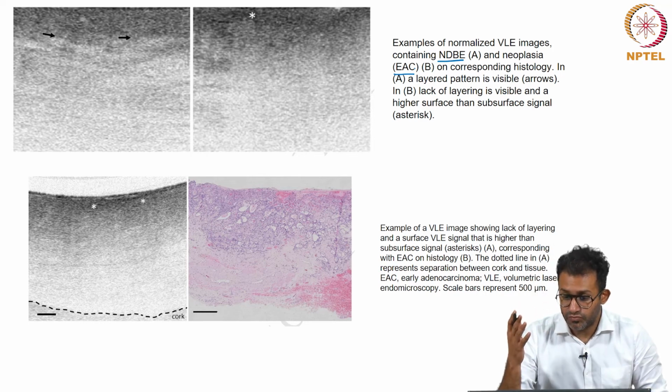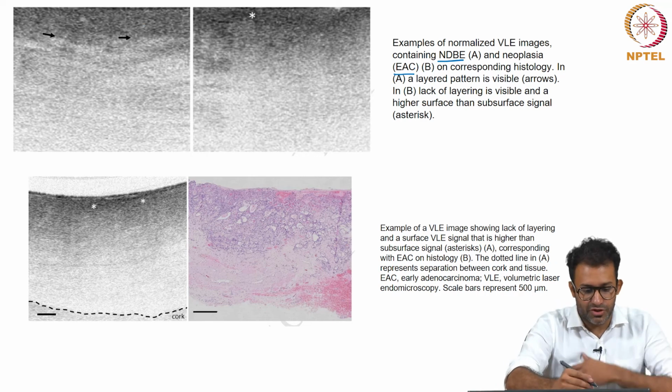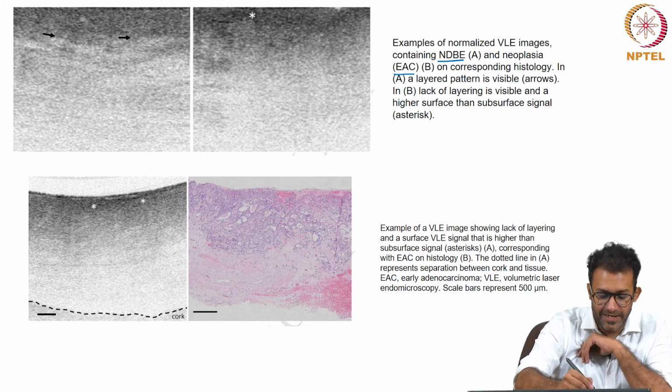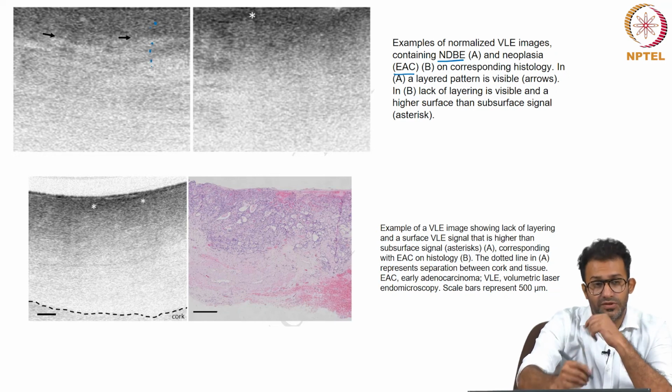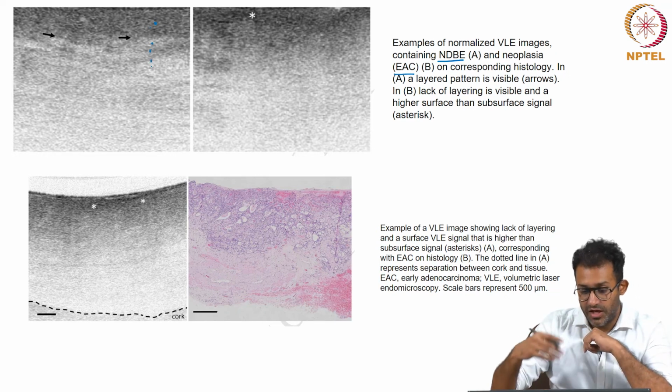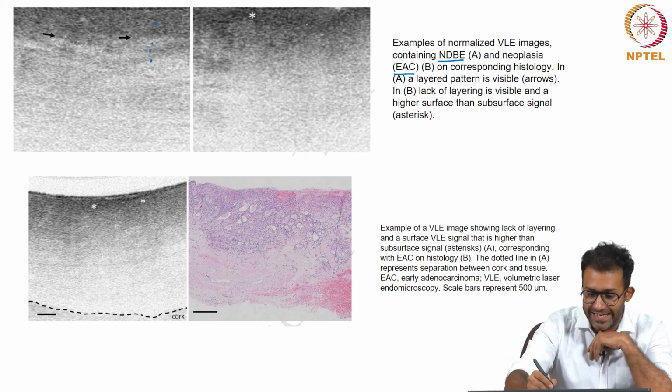If you look at this particular image, you will see that the VLE images show the esophagus arranged in layers. There is a layer over here, here, here, here. These are multiple layers which you can see. In this other image, the layering is not very clearly visible.